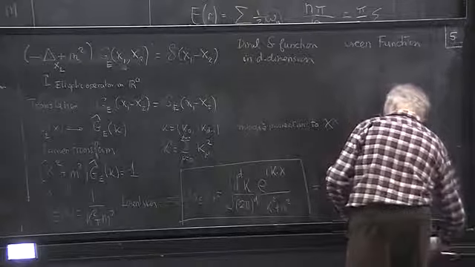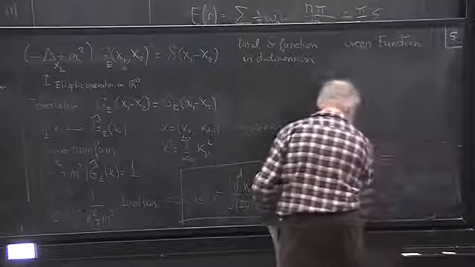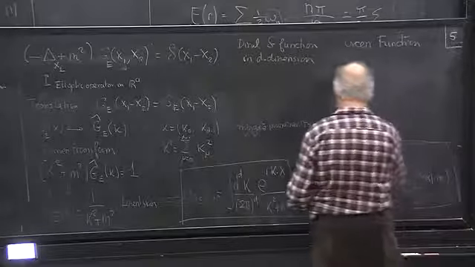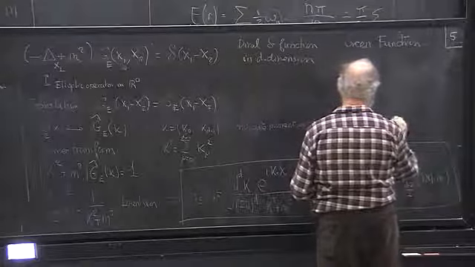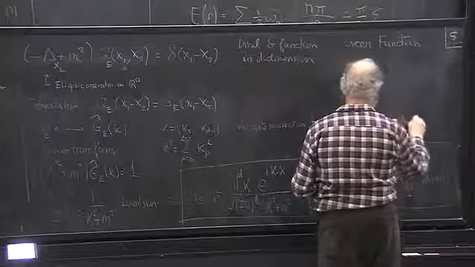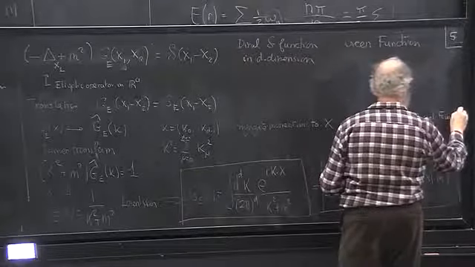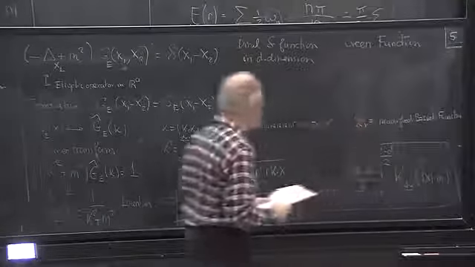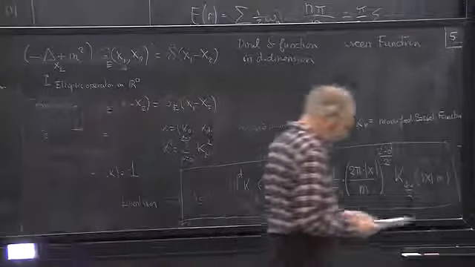So that's the explicit formula, where K_nu is the modified Bessel function that we find in the table. Okay.